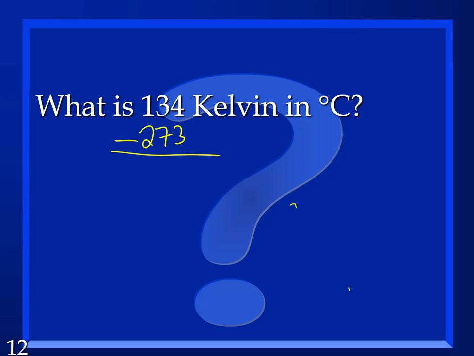Minus 136, that can't be right. It's got to be 139. So 134 minus 273 should be 139. Yeah. You said 136. Really? Yeah. Okay, so I meant 39.